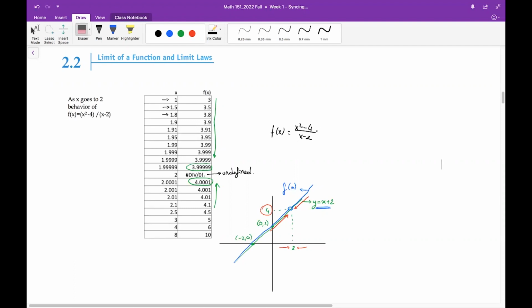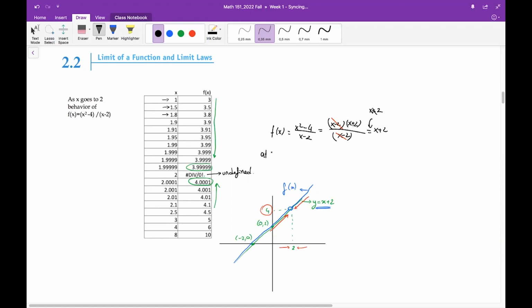So this function can in fact be simplified. Okay, let me write it in this way, over x minus 2. And this can be simplified so that you end up with this expression for this function. But this expression gives you the values of your function when x is different than 2, right?